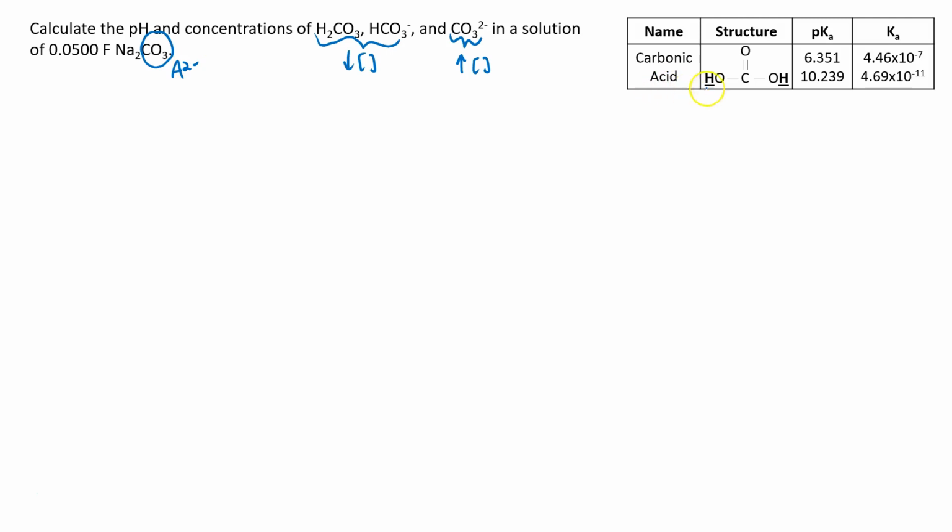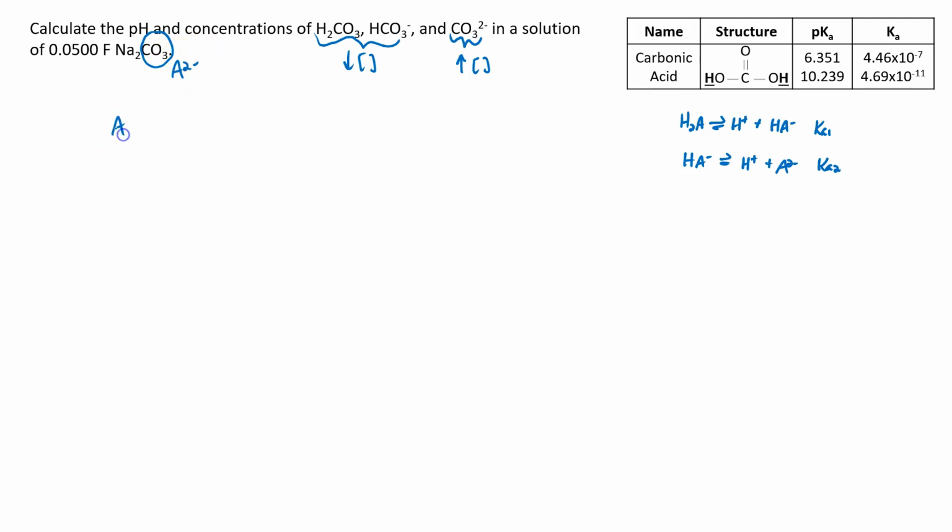So we've got some Kas and pKas. Just so I don't make any stupid mistakes, let me remind myself that this is the equilibrium for Ka1, and this is the equilibrium for Ka2. And if we've dissolved A-2 in water, what happens?